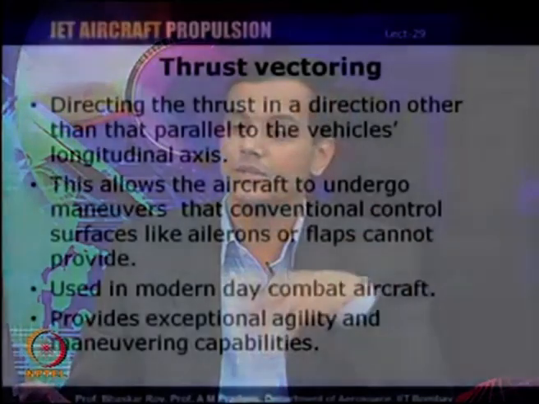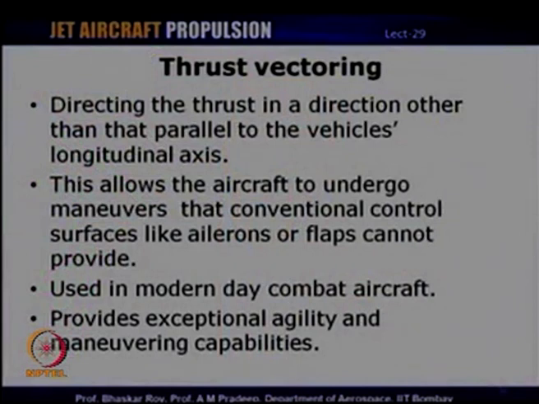So, it was originally developed for achieving vertical or short takeoff and landing, and slowly it has evolved into a method which has now more or less become a standard for any modern day combat aircraft. Thrust vectoring basically involves directing the thrust in a direction different from the vehicle's longitudinal axis, and this allows the aircraft to undergo maneuvers which cannot be carried out using ailerons or flaps.